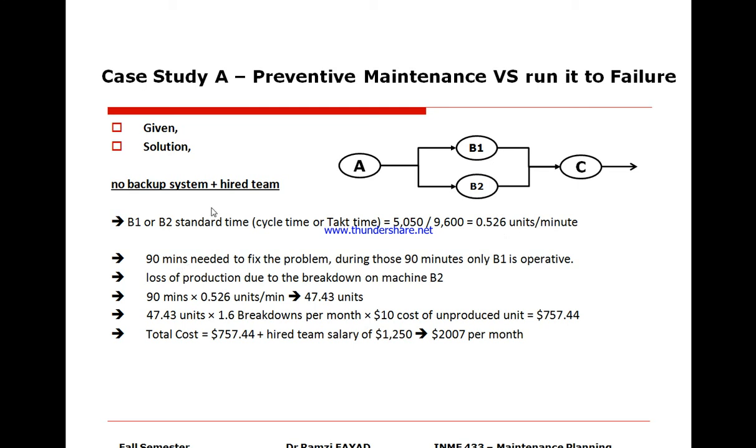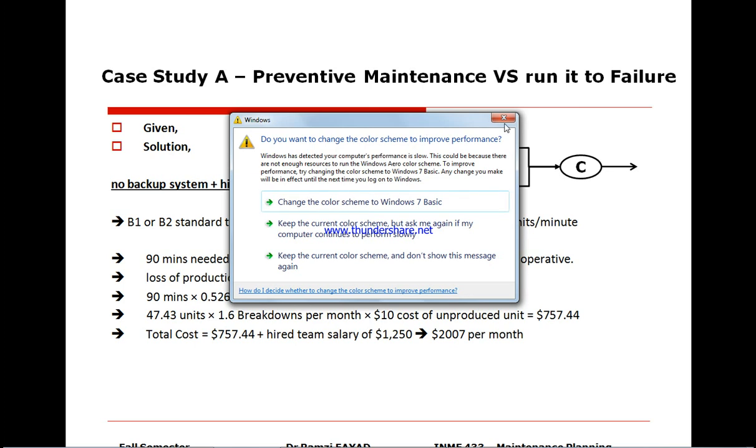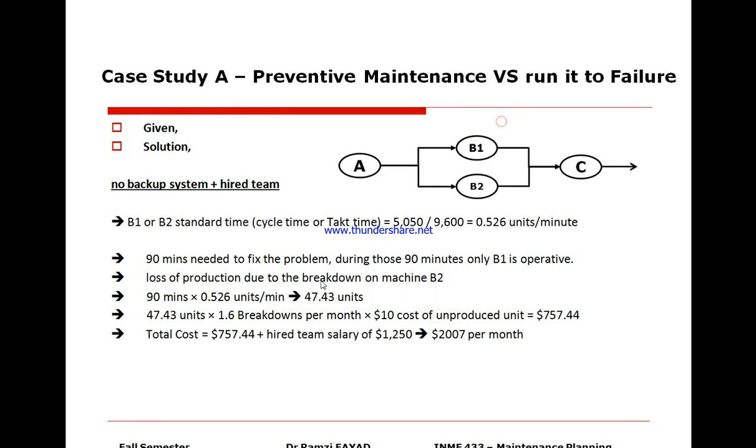During those 90 minutes, in the case of no backup system plus hire team as maintenance staff, they require 90 minutes, while only B1 will be in operation and B2 will be off. So how many units are we going to lose due to breakdown? We have 90 minutes times 0.526 units per minute.